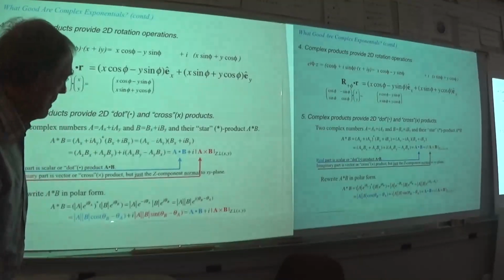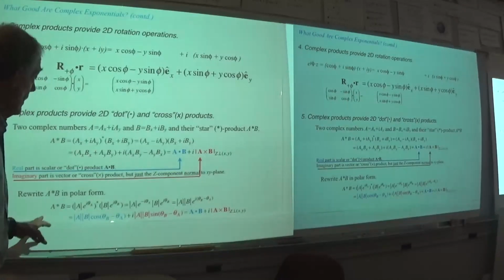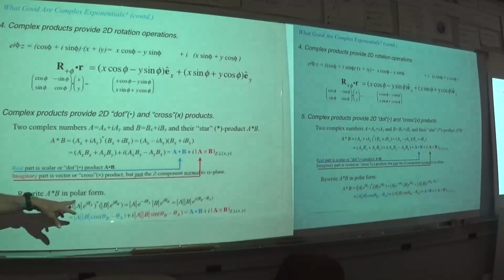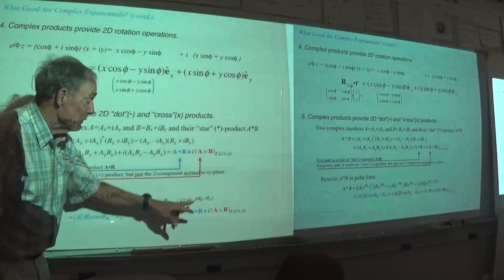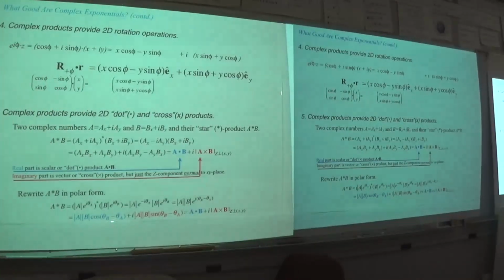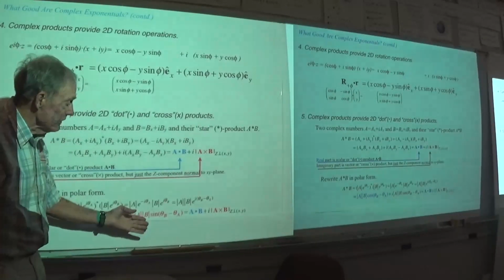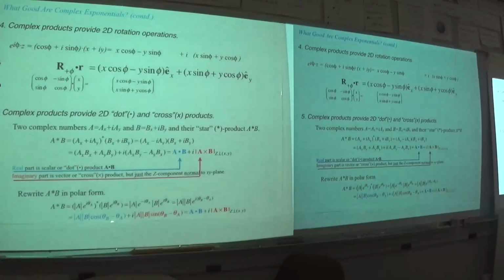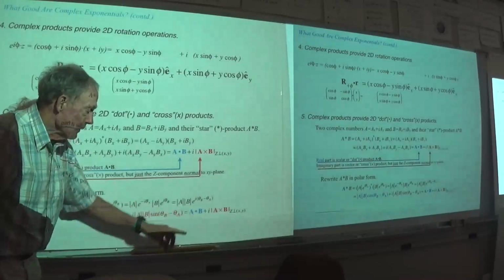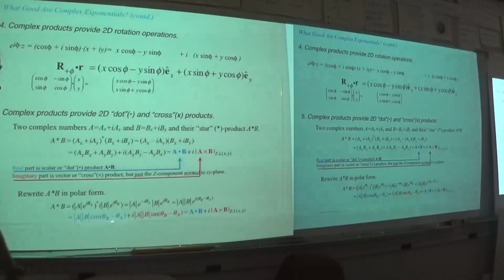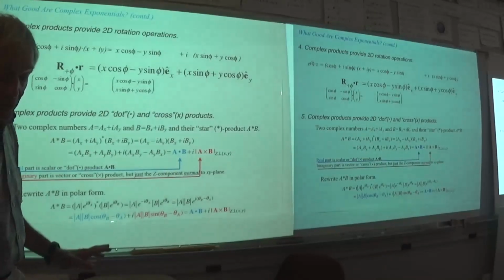This also lets you see it just by writing them all in their polar form and then expanding that. Then you see that the cross product involves a sine, and the dot product involves a cosine.